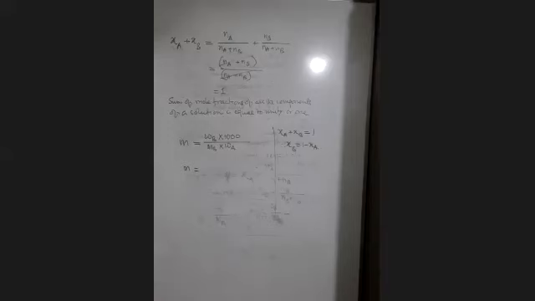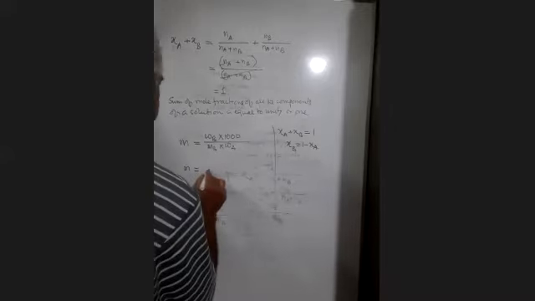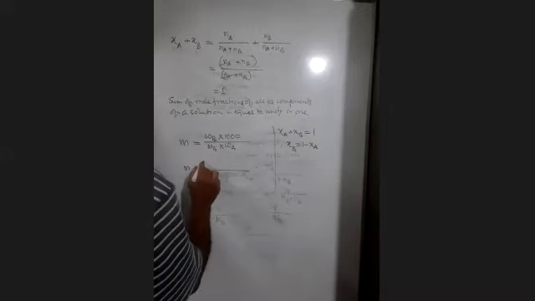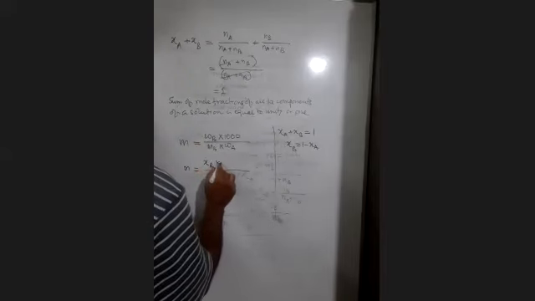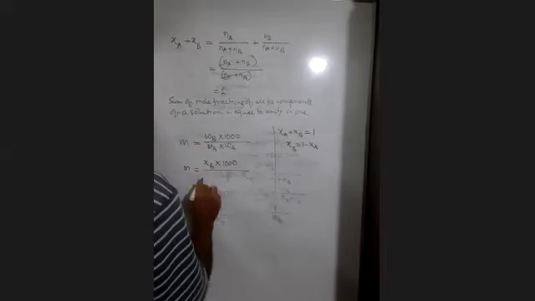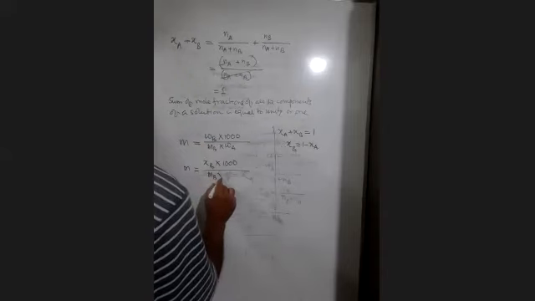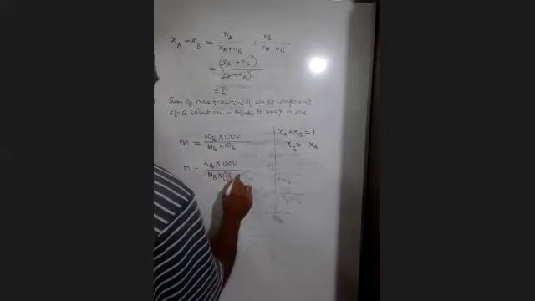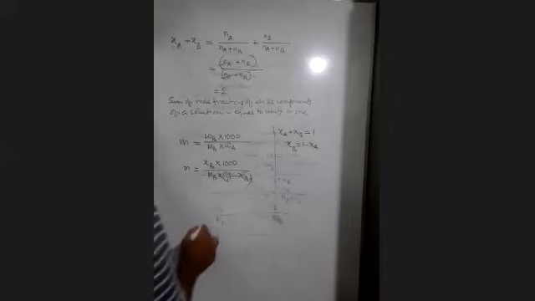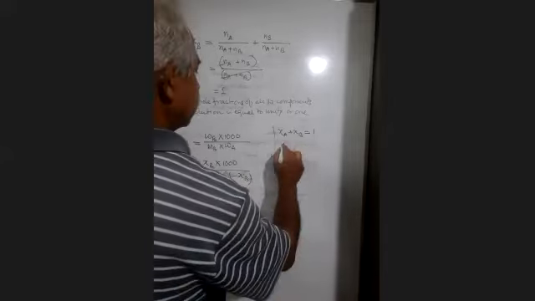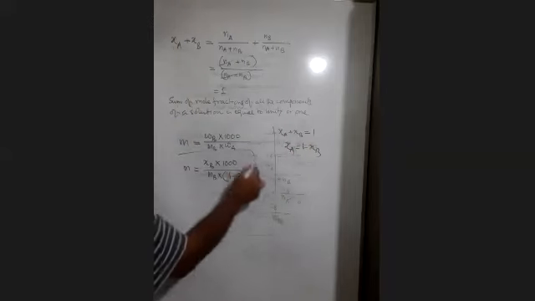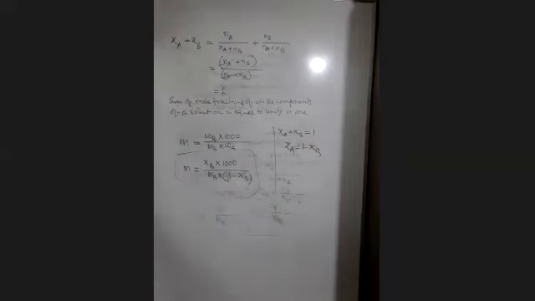So in that case, for this, I can write chi B into 1000 over 1 minus chi B. See, this is also a very important relationship by which you can find out the molality of solution.